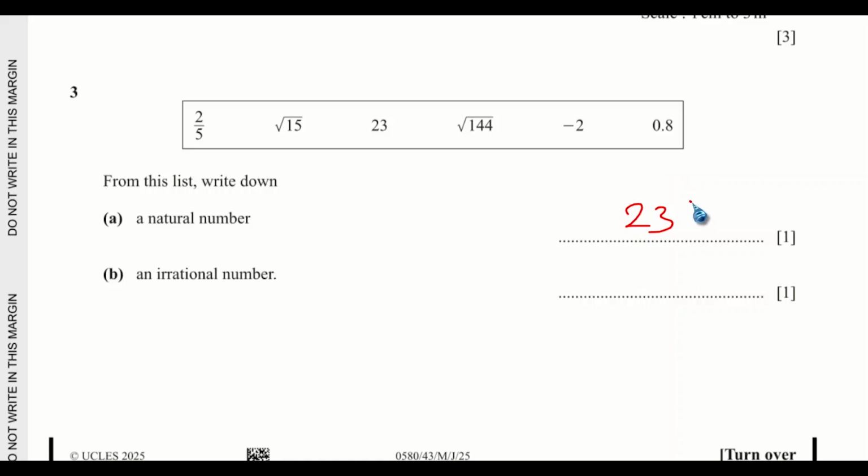So you can write 23 or square root of 144. So part B, an irrational number. An irrational number is a number that could be written as a fraction, that is a numerator over denominator.